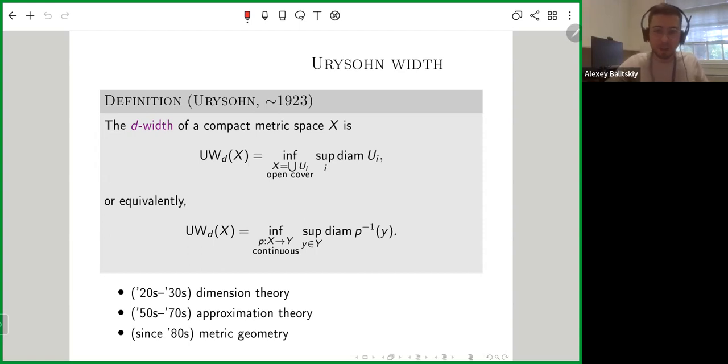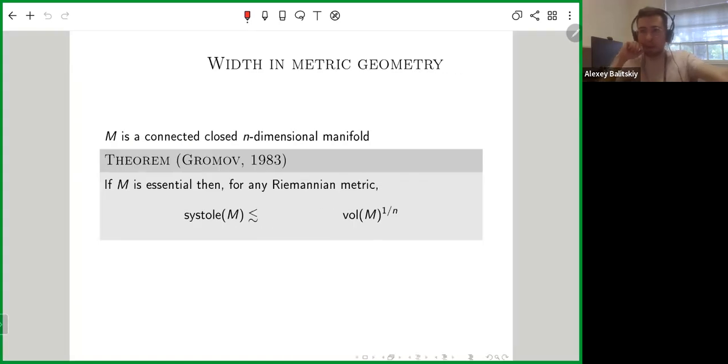Yeah, so a significant burst of interest in this width started in the 80s when Misha Gromov wrote a couple of papers where, in particular, he recalled this notion of width and tried to fit it in the context of metric geometry, which is the main thing that I'm doing.